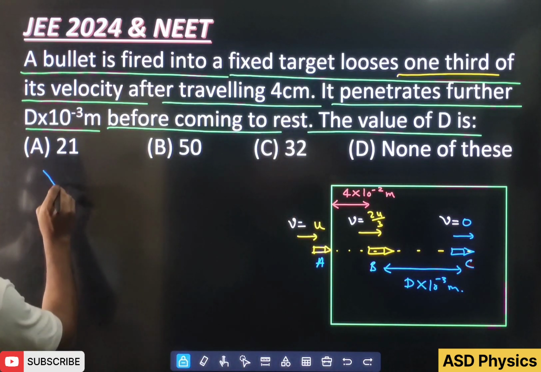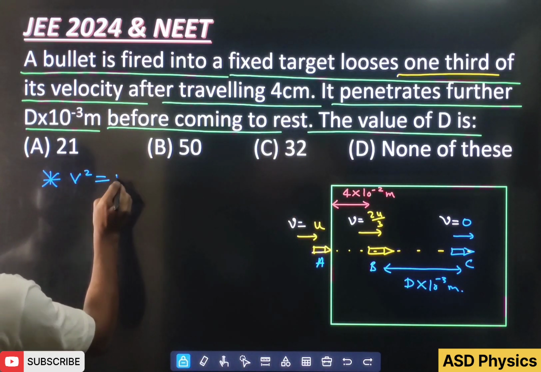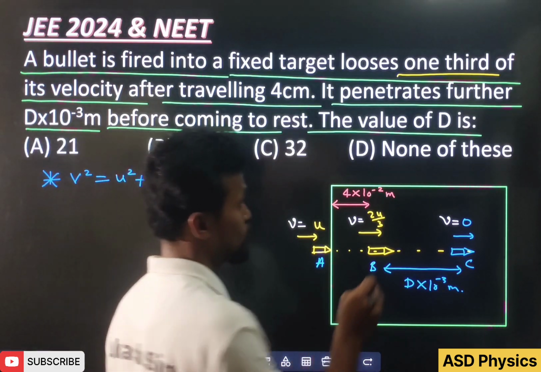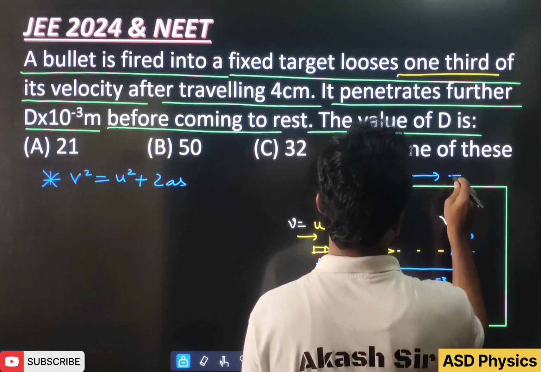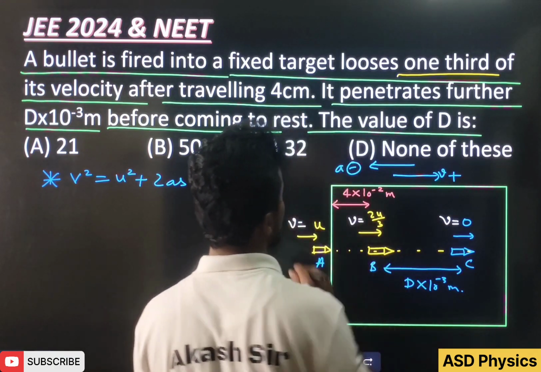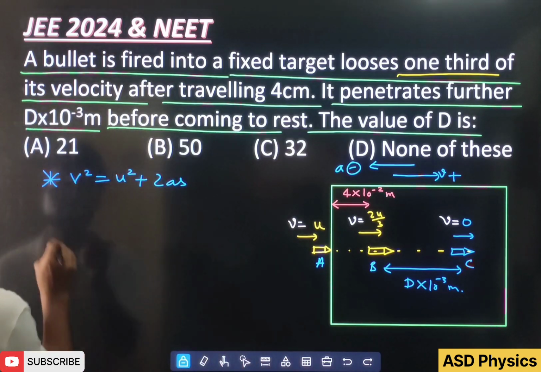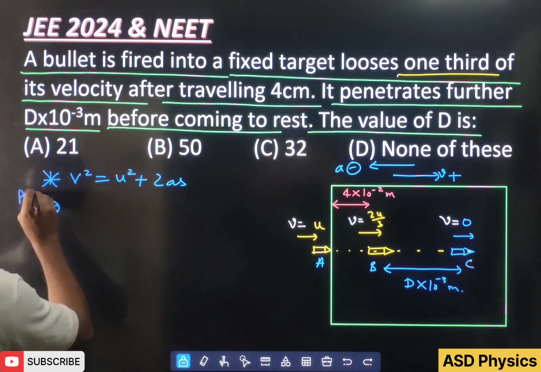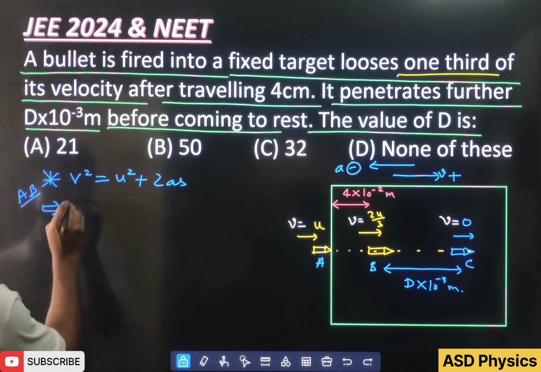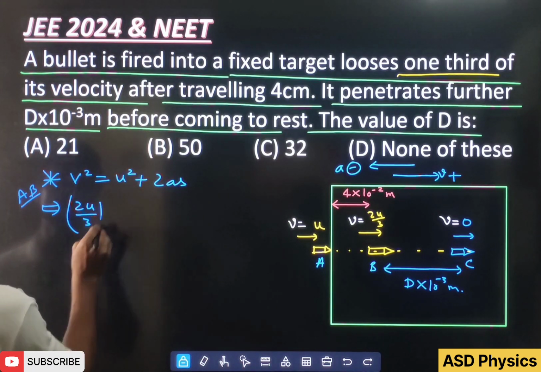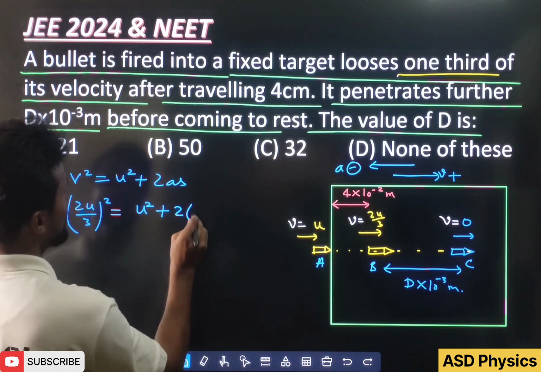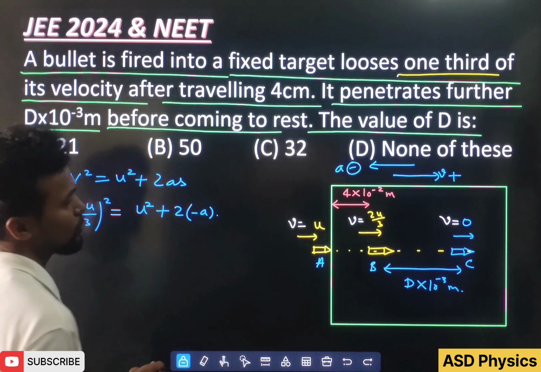Now first I am going to use the equation of motion. For this kind of situation, we will always use v square equal to u square plus 2as. Remember that velocity is in this positive side, and retardation will be negative by default. If I use from A to B, the final velocity is 2U by 3, whole square is equal to initial U square plus 2 into minus a into s.